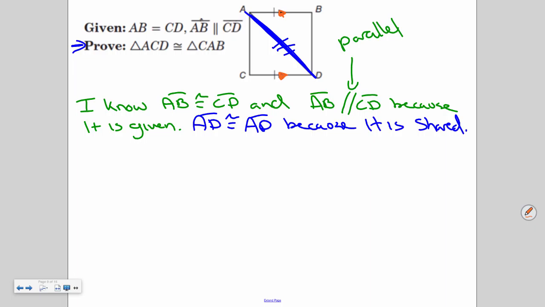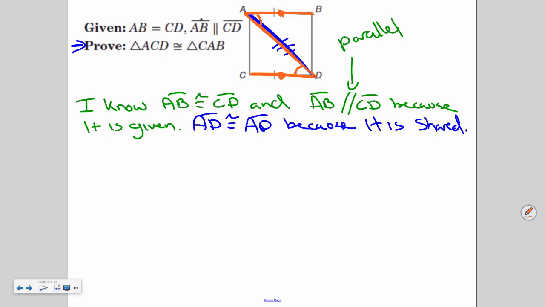Those arrows mean parallel. Whenever you see that, and you see this letter Z that gets created, or it could be flipped the other way, this angle is congruent to this angle because they're alternate interior angles.